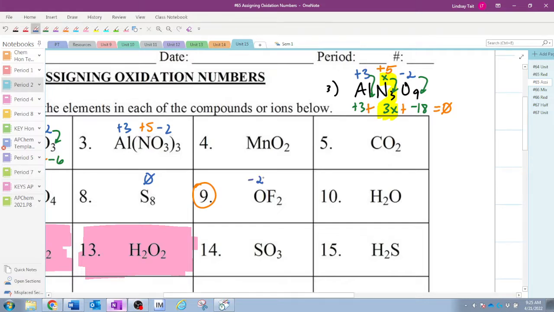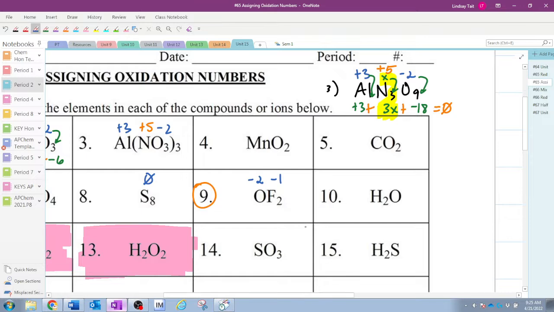And then that fluorine, I can use my halogen rule because it was the last element in the formula. And I can say that that's -1. Guys, without doing any math here, is there any universe where adding those up is going to add up to 0? No, they're both negative. Adding two negative numbers would never give me 0. So guess what? This is an exception because it doesn't add up to what it's supposed to.